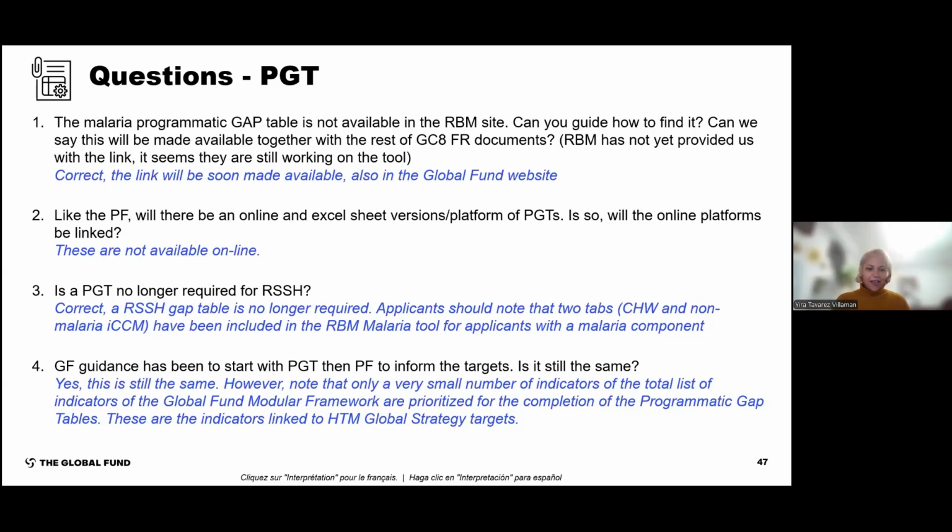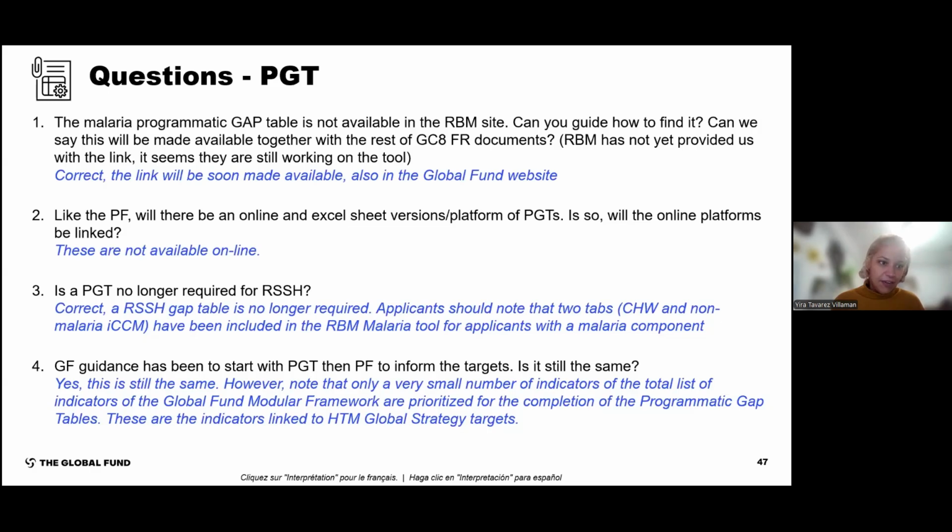Thank you, David. Before starting with these questions, I just want to complement Matthew's response regarding a question around how the 35% contribution of the Global Fund will be calculated. It's based on the assumptions that the applicants will include in the programmatic gap tables, which consider both financial and programmatic elements to reach the targets.